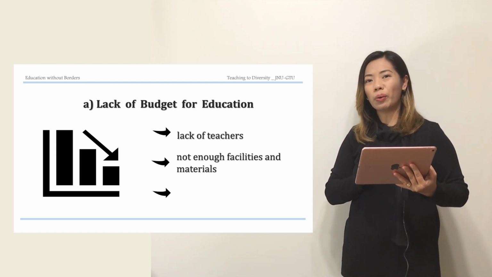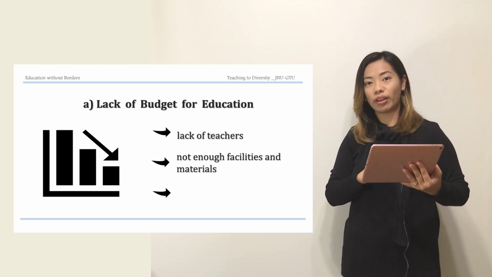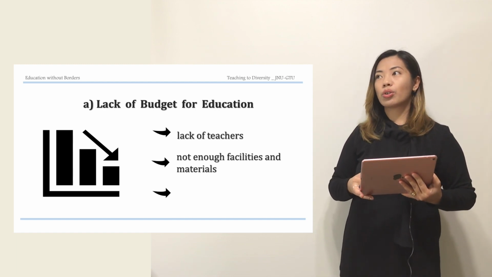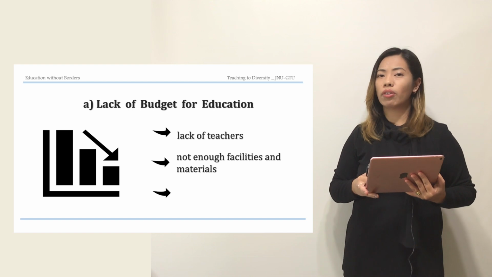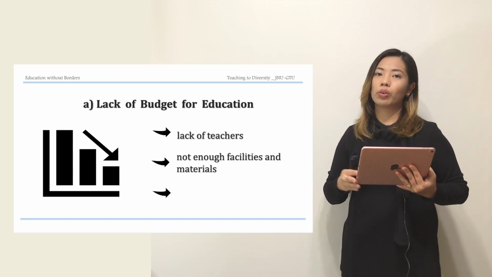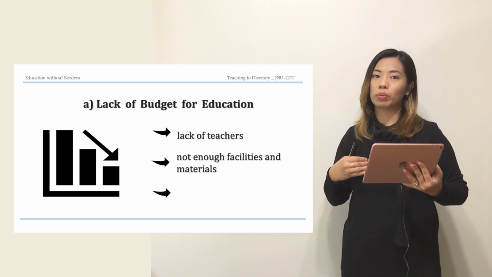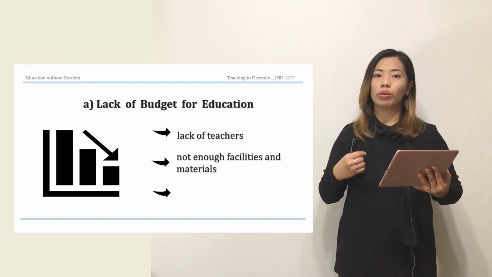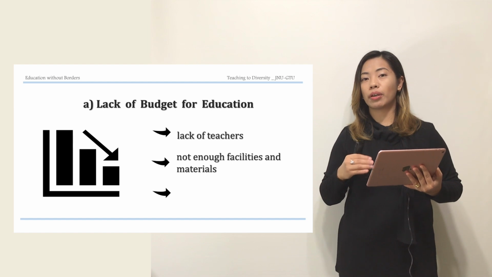So how does the school try to survive in order to teach the students? Well, the teachers try to be very resourceful. They try to print the textbook, they try to print the lesson plan, and try to research on their own on how they can teach the certain subject matter to the students.